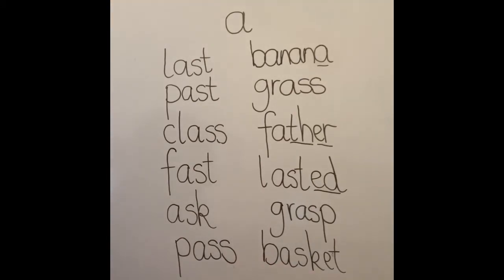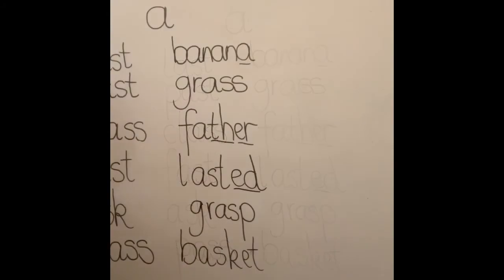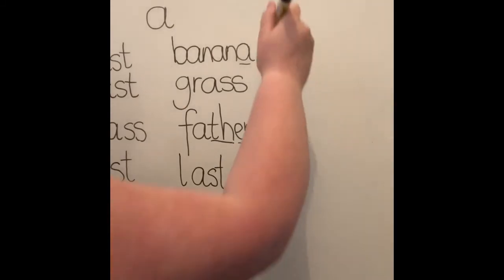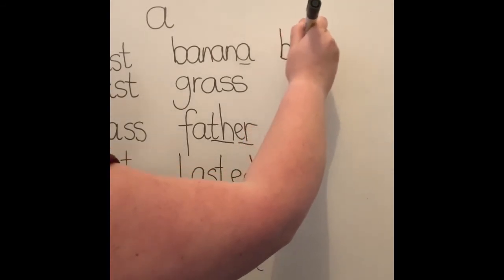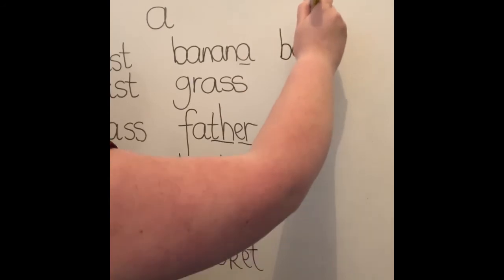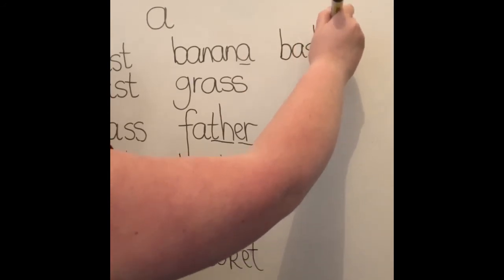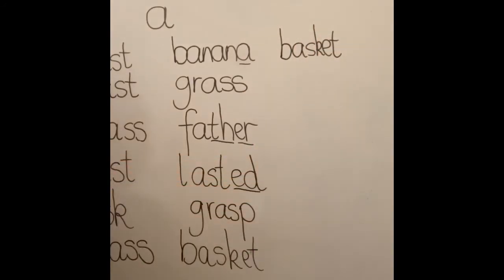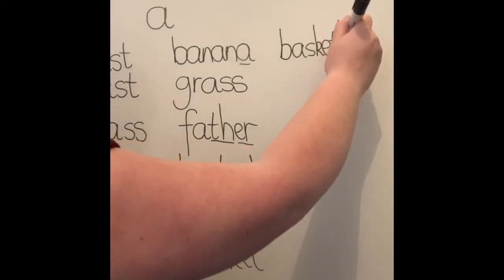Now let's look at our trickiest words. So the next word we're going to look at is a compound word that uses this one at the start. Can you guess what it would be? So basket's the first word, and then it adds one more word to it to make a new word. Basket, ball.